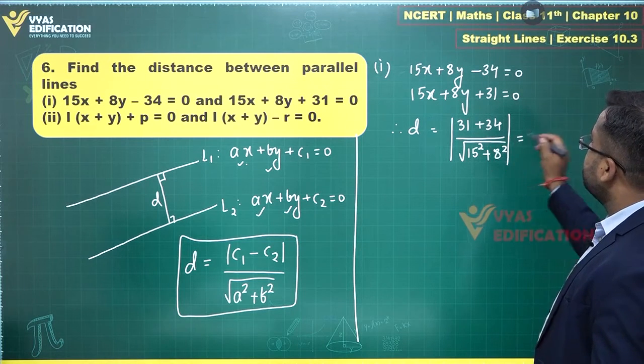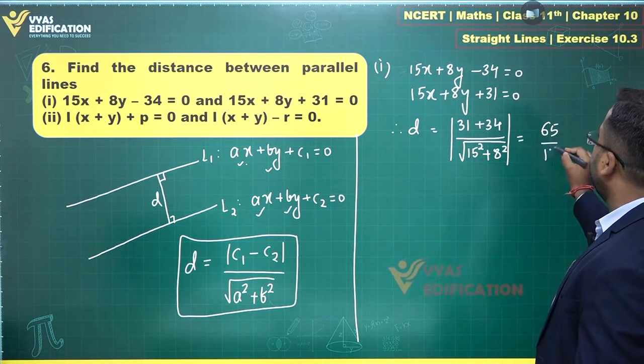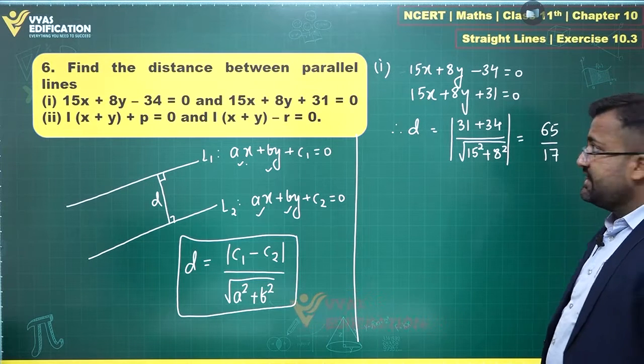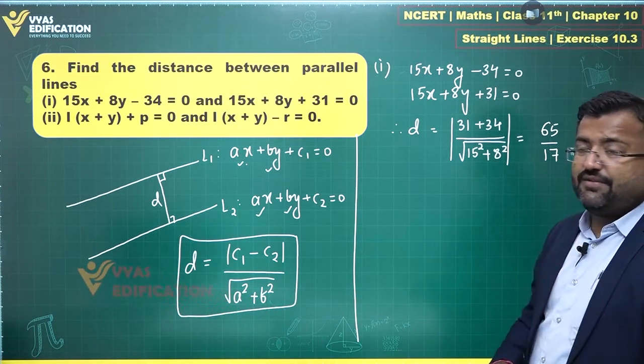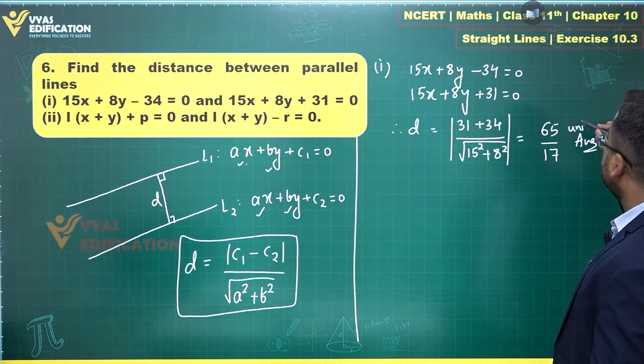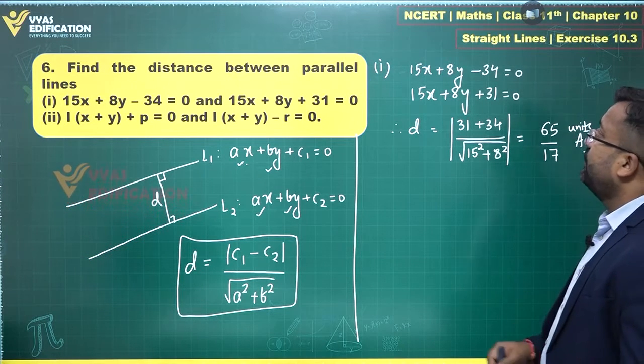So this is 65 upon 17. Overall, that's my answer for this question: 65 upon 17 units, since it is a distance.